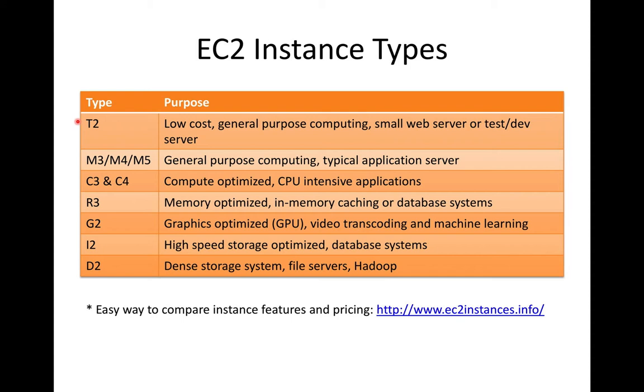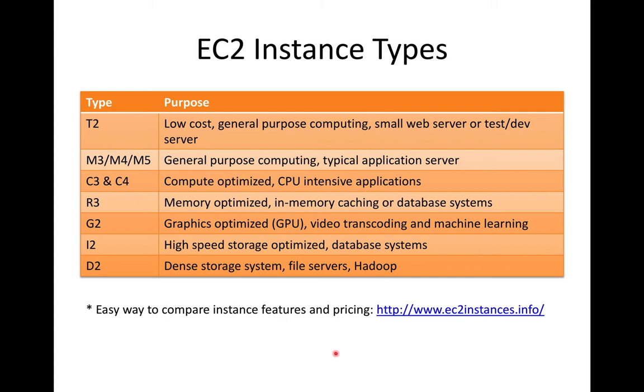R3 instances are designed for memory optimized applications or use cases, like in-memory databases or caching systems, which would run better on an R3 instance type. And then you have things like I2 instances, which are storage optimized instances, really designed for database systems that require a significant amount of I/O.